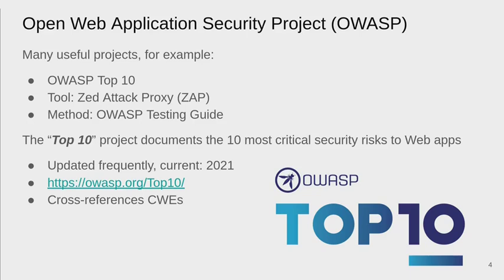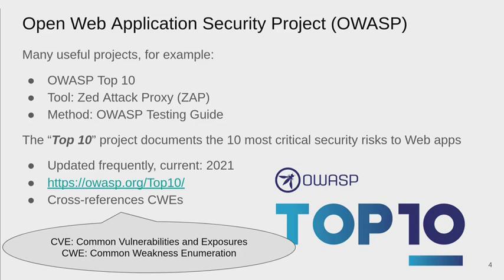They offer a lot of useful things, such as the top 10, which we'll go through today, but they also offer different tools like ZAP, the attack proxy that allows you to test web applications, different kinds of testing guides, and learning material. So if you're interested to go deeper into this material, for example, you want to become a web application pen tester, go read through these top 10 and any kind of extra material that follows from there.